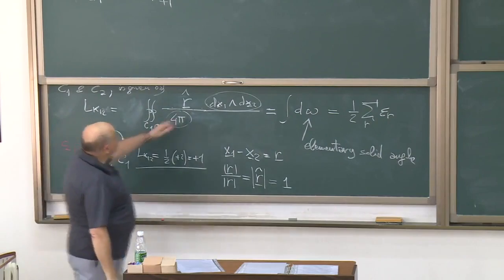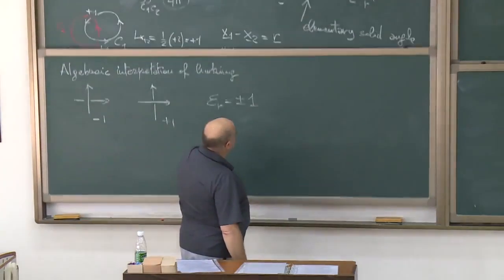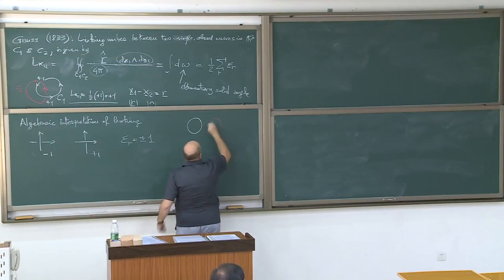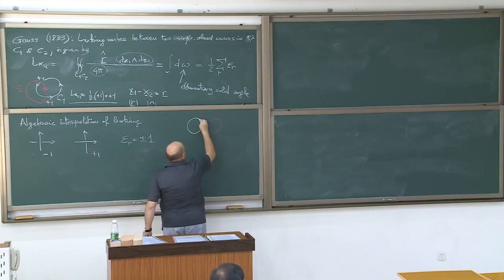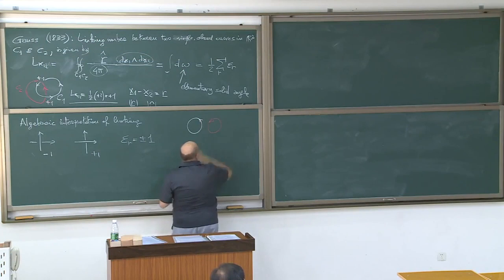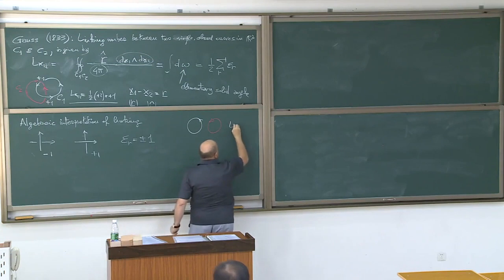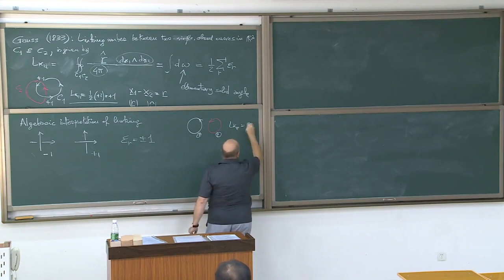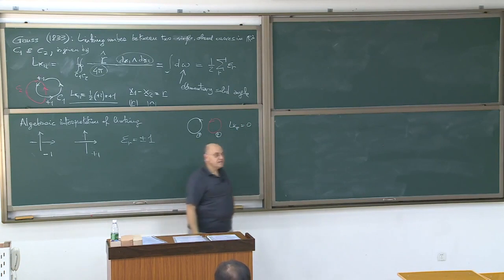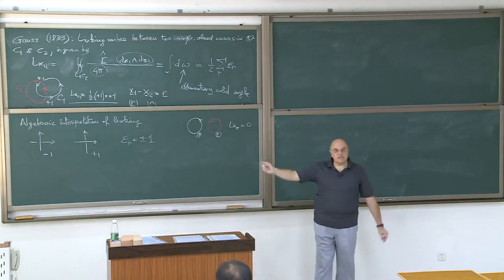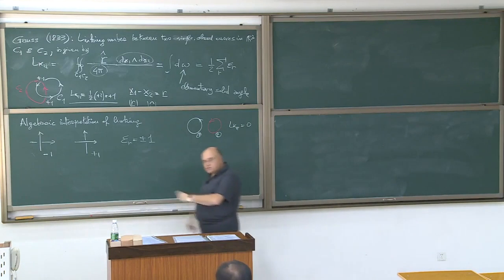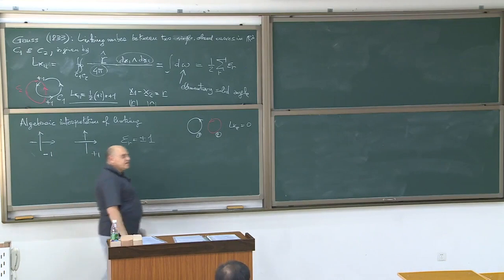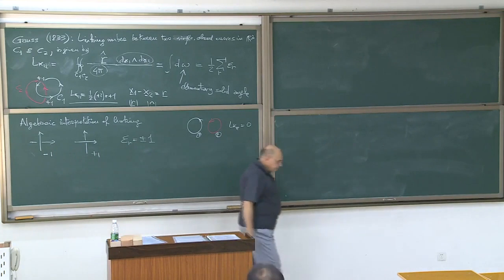Okay, so I'm happy. I can compute the linking number between these two curves, whatever is their orientation, and I conclude that the linking number between these two guys, 1 and 2, is 1. I'm very happy, right? Because it works. I can compute the linking number of whatever linkage I like, and I'm happy.